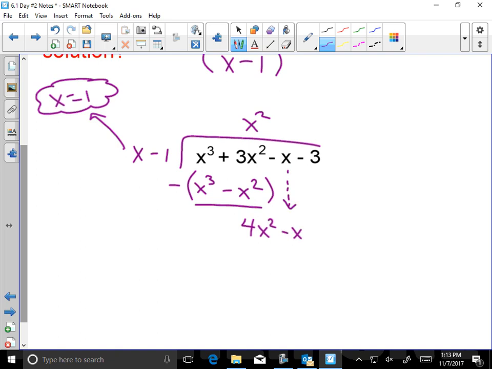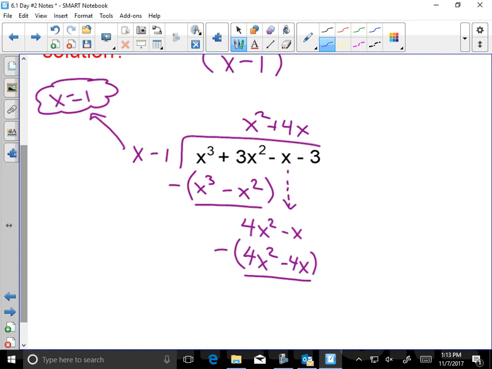I start again. How many times does x go into 4x squared? 4x times. Multiply it through, I get 4x squared, I get negative 4x. I subtract that. 4x squared minus 4x squared is 0.